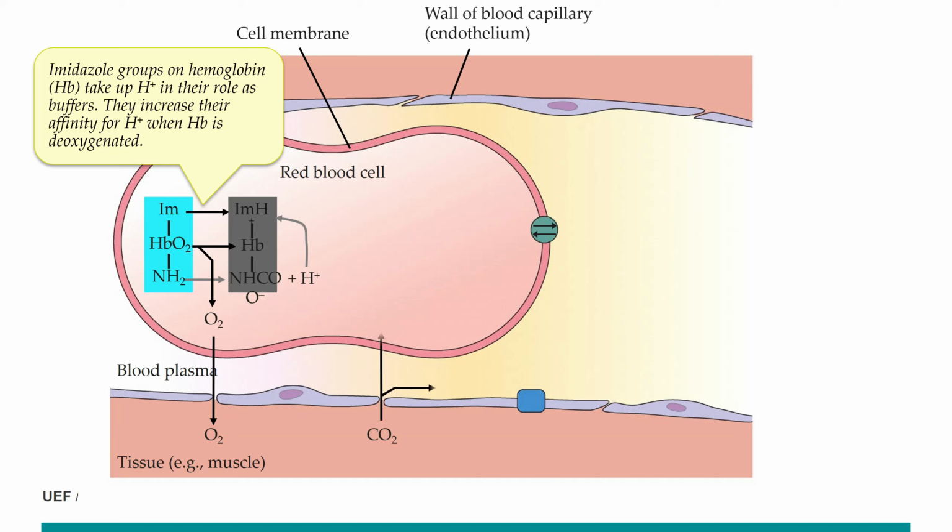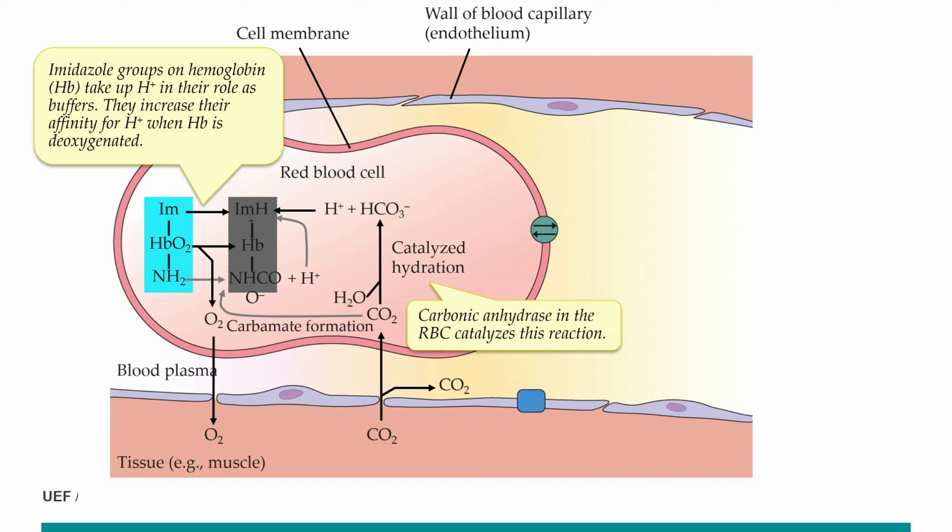And how we get these protons is by the carbon dioxide that is coming from the metabolism. It will go into the red blood cell to either bind in the hemoglobin itself, but also it can be catalyzed to form the bicarbonate, and then you have the proton that is bound in the hemoglobin.